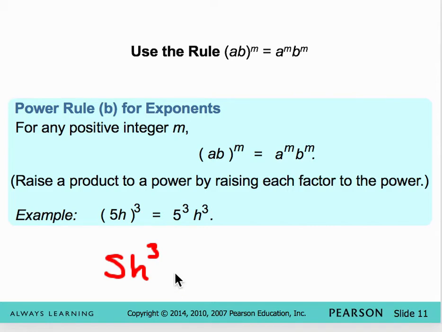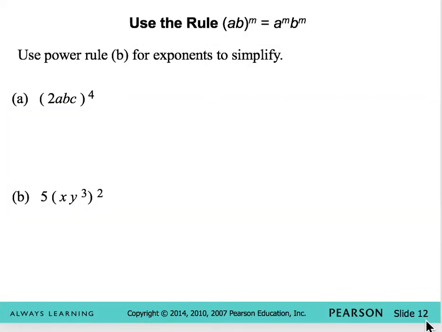The 5 does not get the cube. Only the one thing it's sitting on. Unless it's on parentheses, then it goes in everything. Applies to everything. Okay, since that exponent of 4 is on parentheses, that 2 gets the power, the a gets the power, the b gets the power, and the c gets the power.